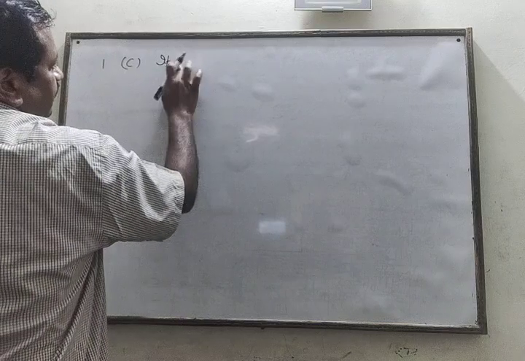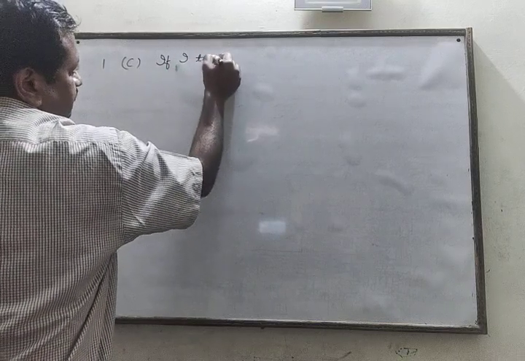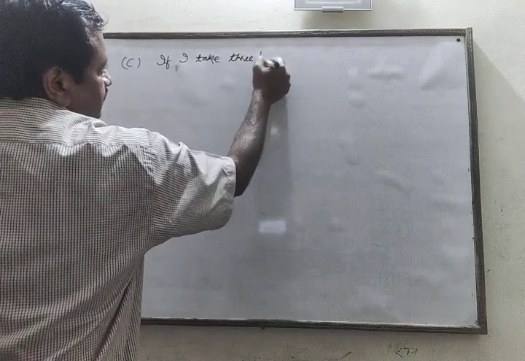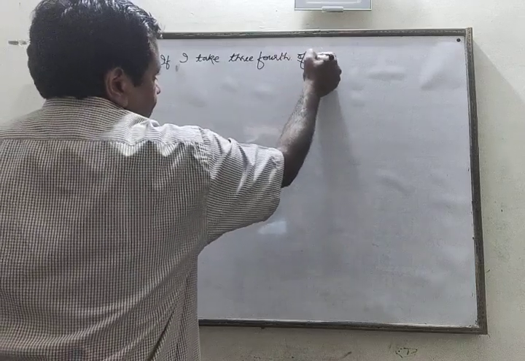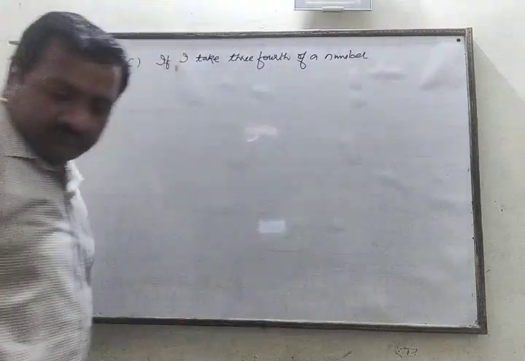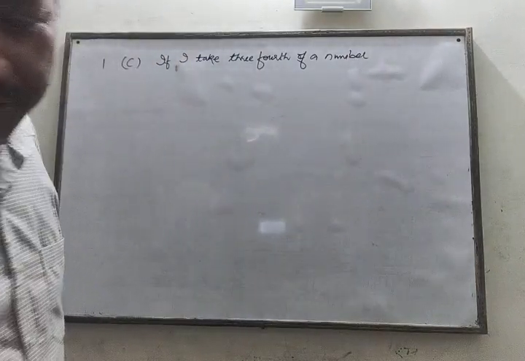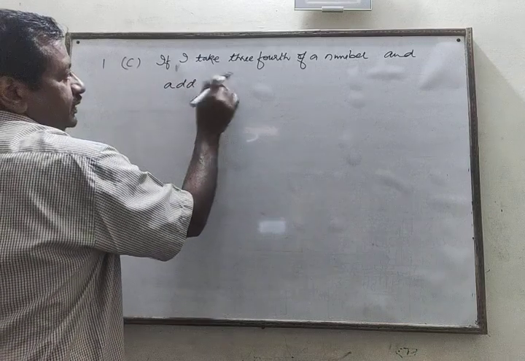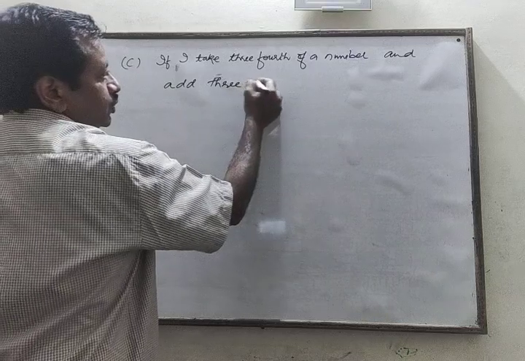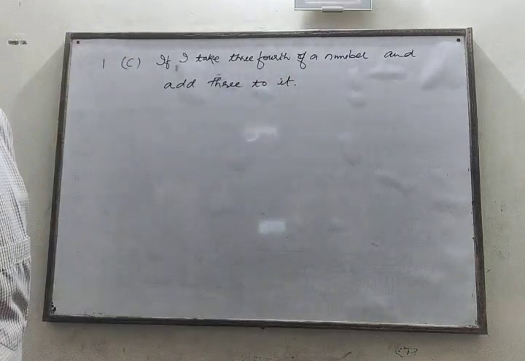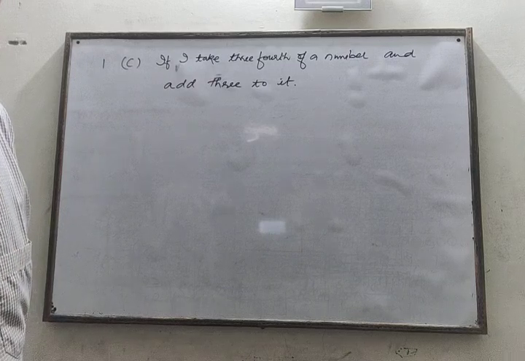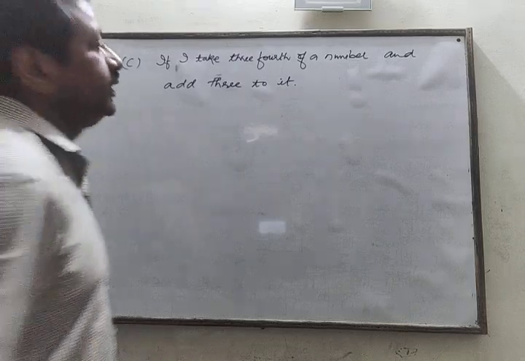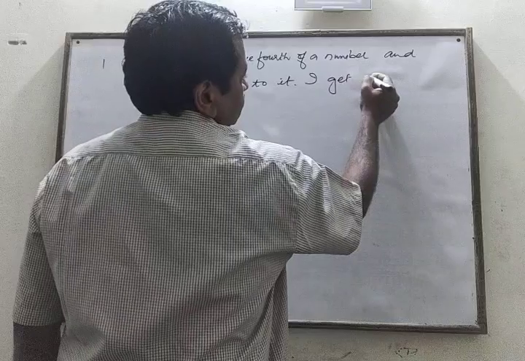First question, C part. If I take 3/4 of a number and add 3 to it, I get 21.